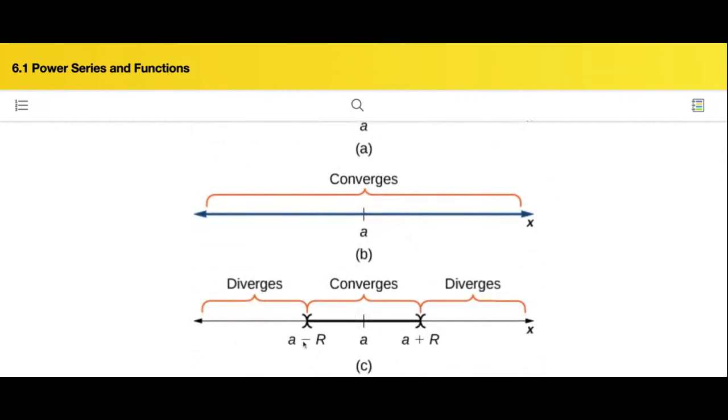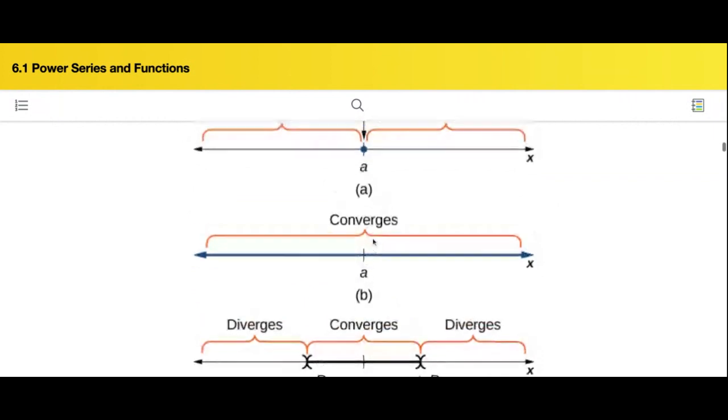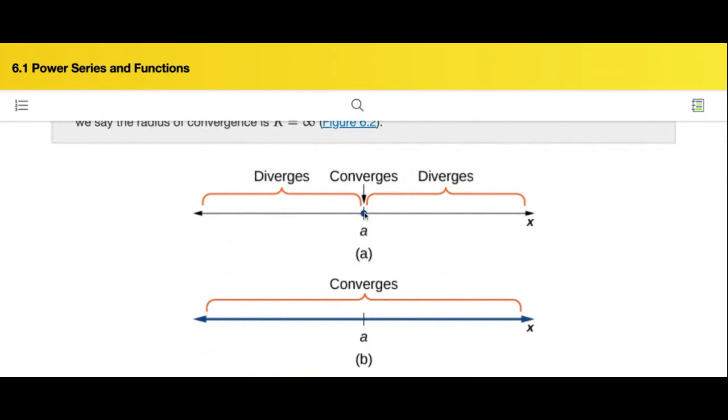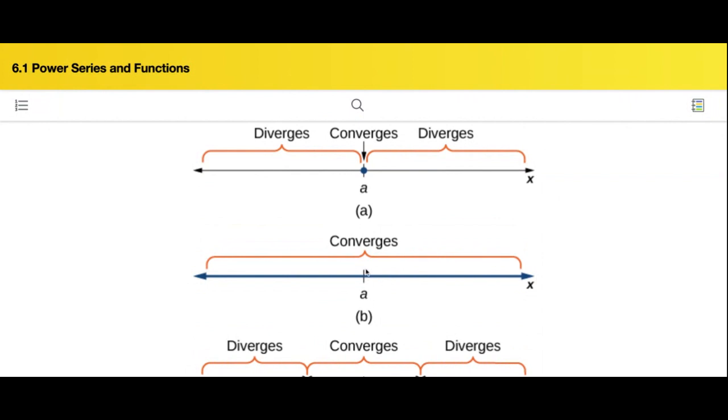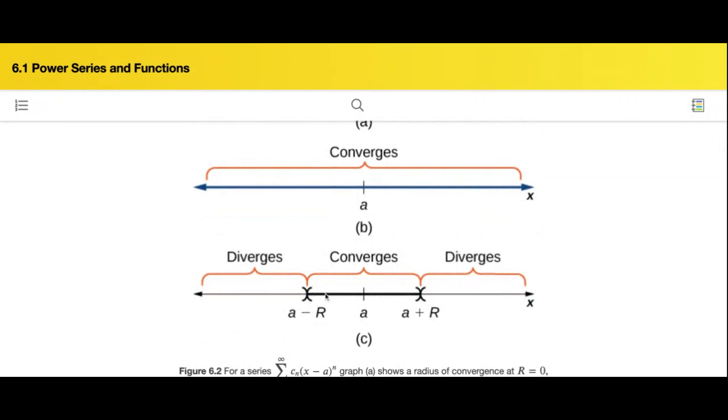Or converges in the interval (a minus R, a plus R), so the radius of convergence is R, because from a minus R to a, that's R, and from a to a plus R, that's R. Here the radius of convergence is 0, only converging at its center. Here it converges at all real numbers, so the radius of convergence is infinity. If there is such an R, the radius of convergence is R.